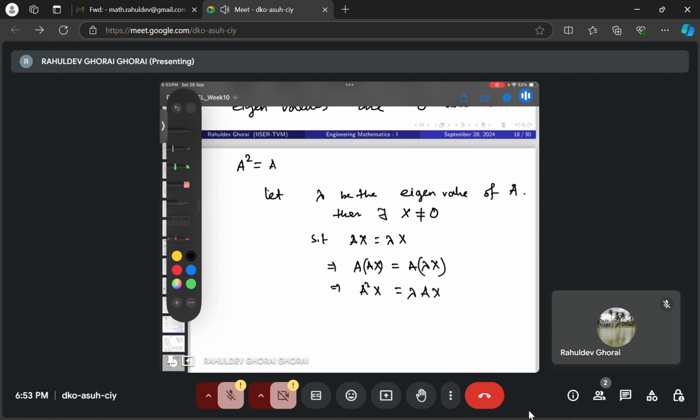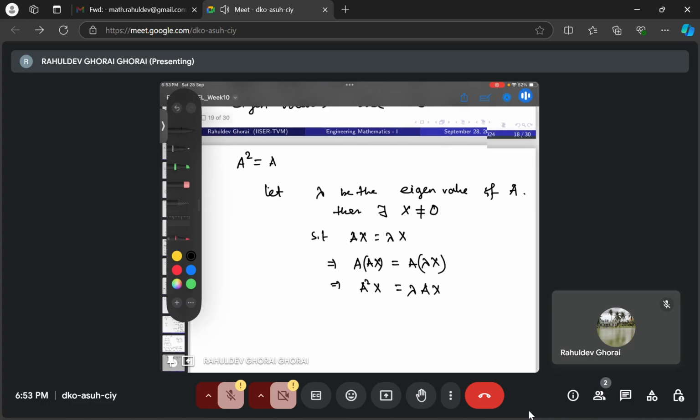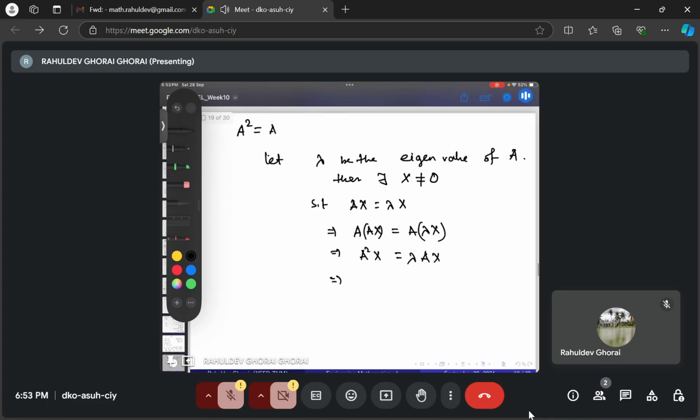Now you know that A square is equal to A, so what does that imply? Ax will be equal to lambda times Ax. That implies 1 minus lambda times Ax is equal to 0.